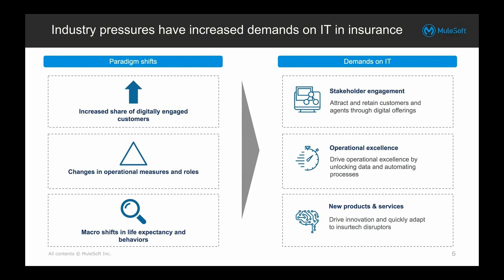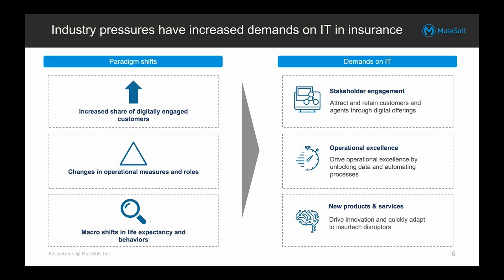MuleSoft serves a number of customers in the insurance space. And when we talk to our customers in this vertical, these are some of the paradigm shifts that they are coming to us with that are having an impact on how they're thinking about integration strategy. The first thing we're seeing in the space is an increased share of digitally engaged customers.